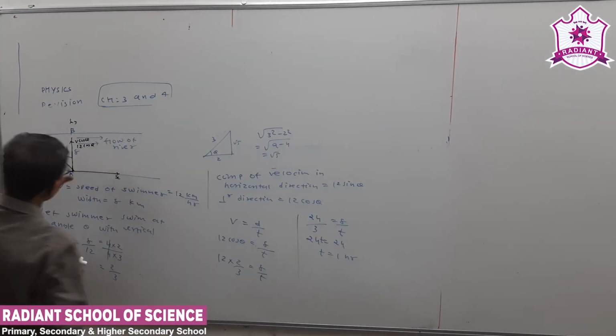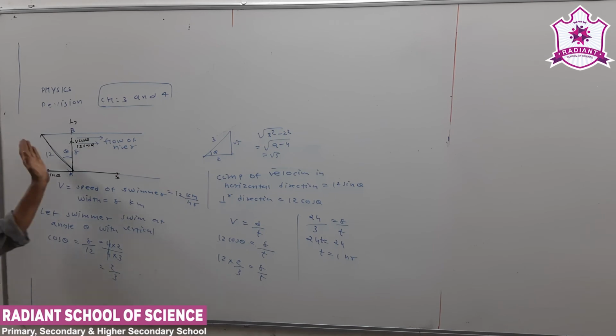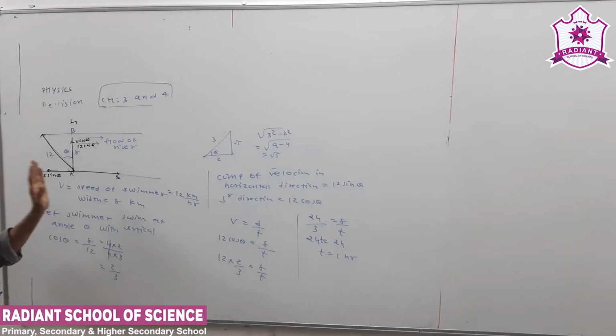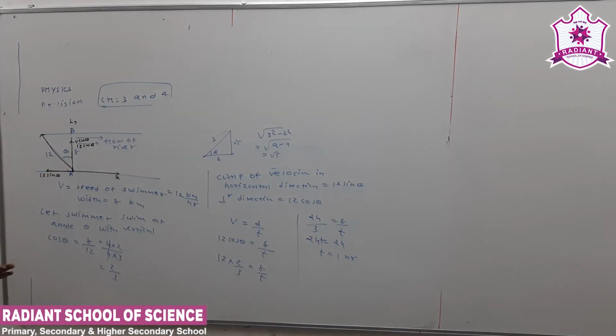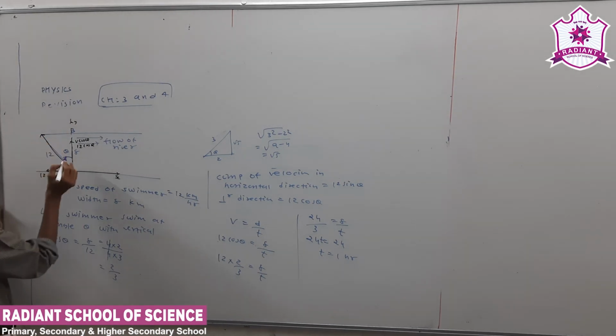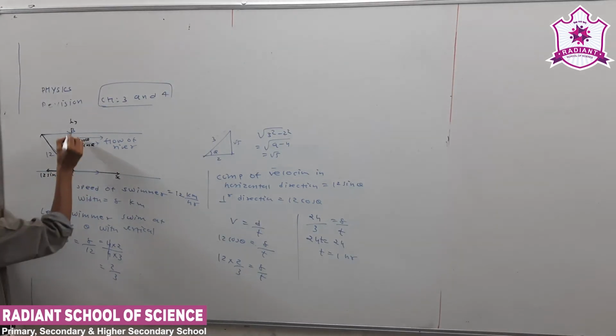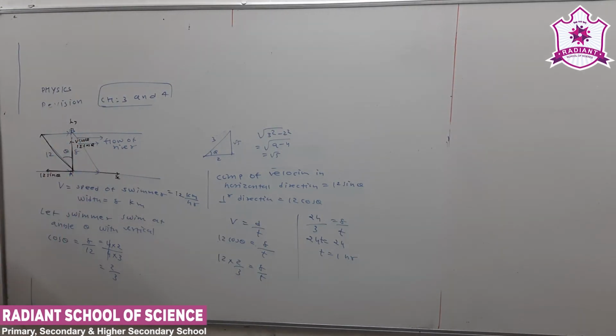See, the width of the river was given as 12 km. He tried to swim at a right angle, but he has to swim at some angle so that he moves perpendicular. Why? By the parallelogram law you can easily solve. This is a component, this is a component, so the resultant velocity will be like this.